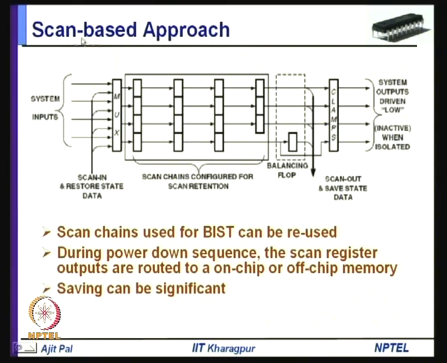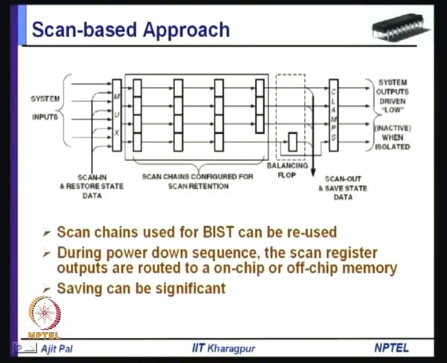Second approach is scan chain based. Nowadays you are using built-in self test. The built-in self test technique requires some additional registers for inputting the test sequence and outputting the response, and these are the registers used at the time of testing. Those registers can be used to store the states of those blocks which you intend to put to sleep condition.